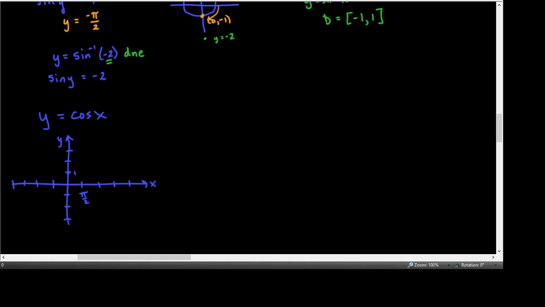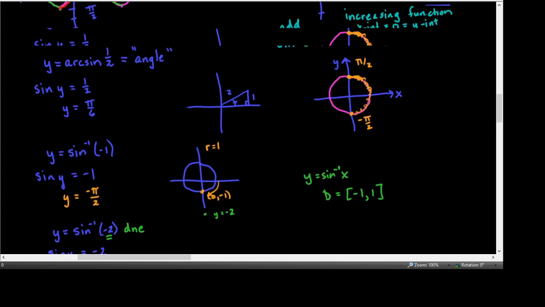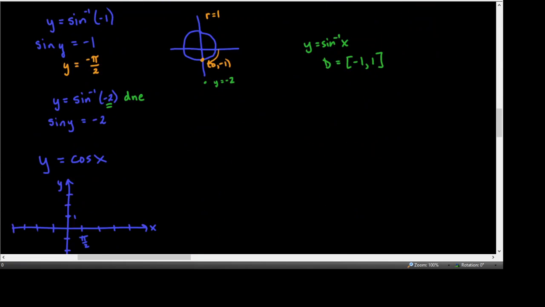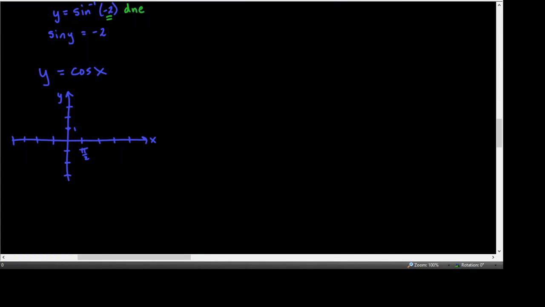I'm trying to color code this to be the same, so I'll use pink. So cosine of 0 is 1. Then we get middle, low, middle, high, middle, low, middle, high.